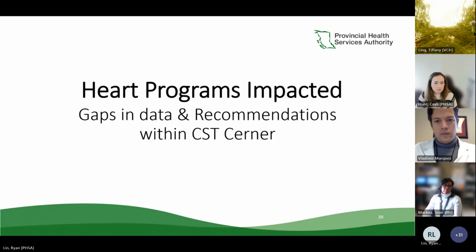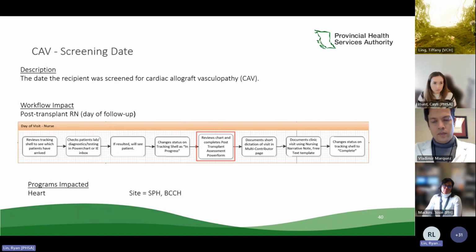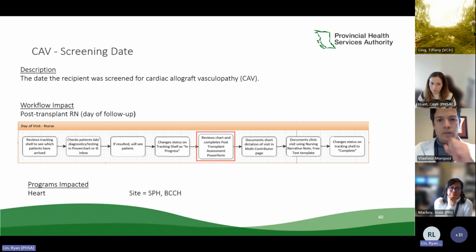So after hemodynamics, we move on to what will only impact the heart program. And for starters, we'll have the CAV screening date. What CIHI is looking for is the date that the recipient was screened for CAV, and this most likely will have a workflow impact for the post-transplant nurses on the day of follow-up.